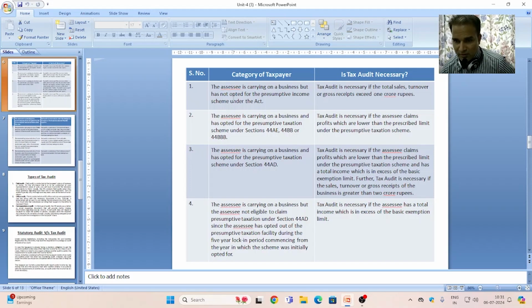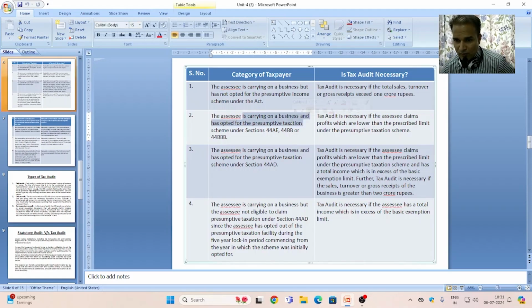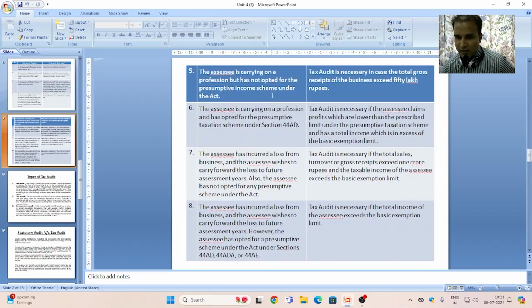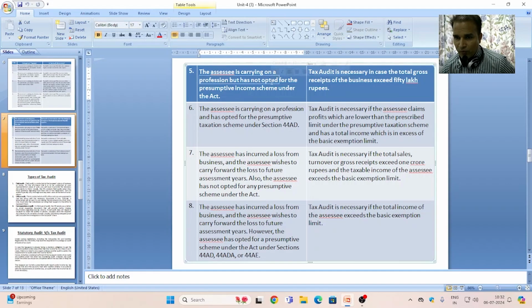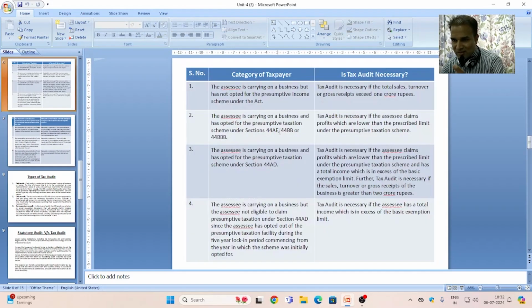The first 4 categories are carrying on business. In the next 4 categories, 5 and 6 are profession, and categories 7 and 8 are business having loss, the SSC having loss. So we are just finding in which category of taxpayer tax audit is necessary.